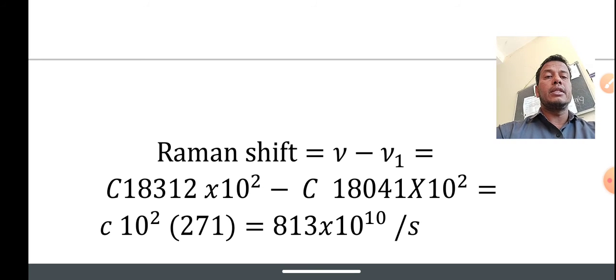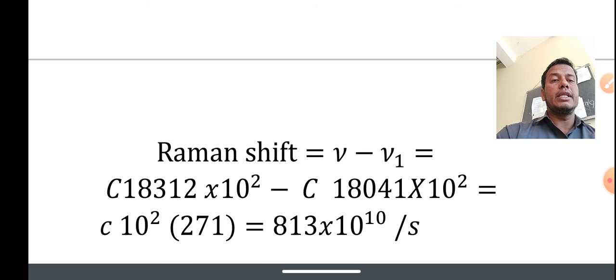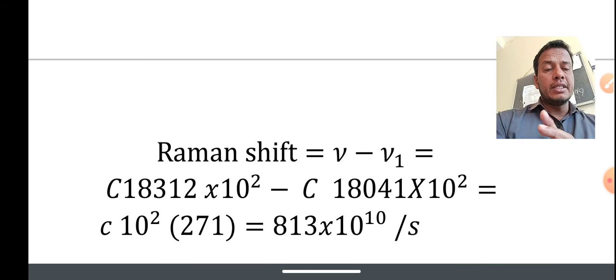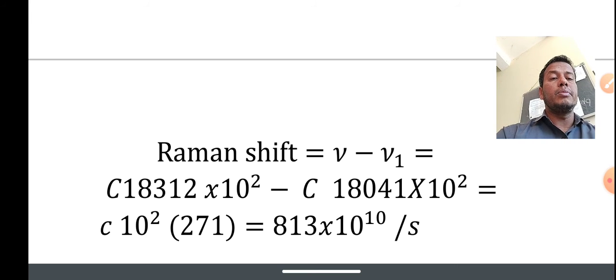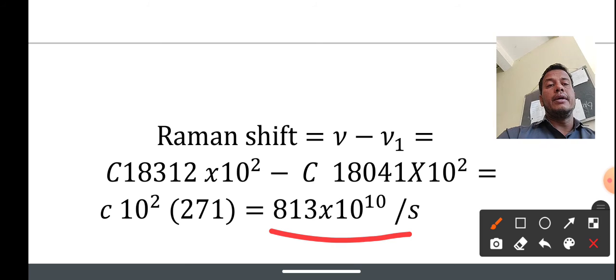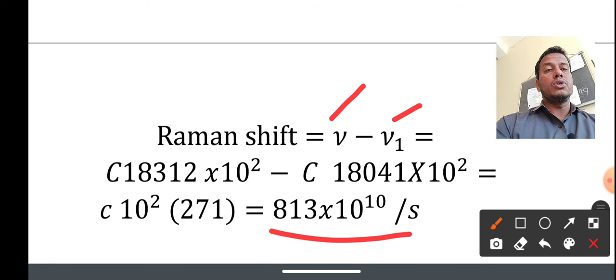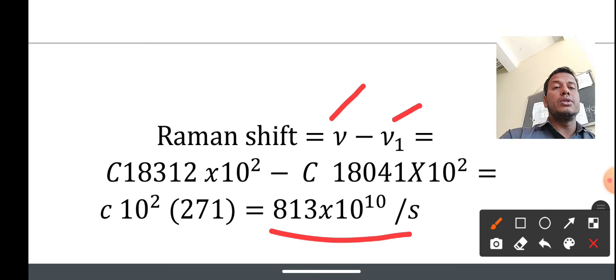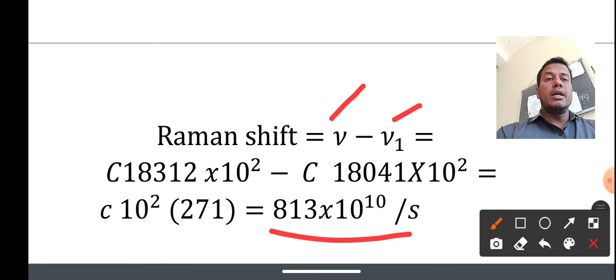So c into 18312 × 10^2 minus c into 18041 × 10^2, the difference in their frequencies, is 813 × 10^10 per second. This is the Raman shift, the difference between the green line and the Stokes line.